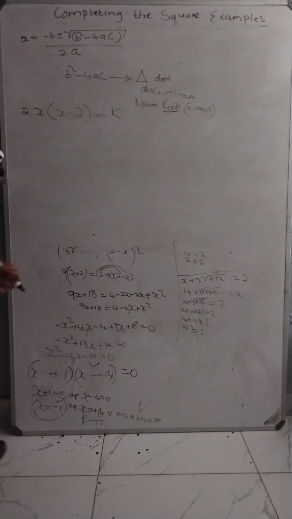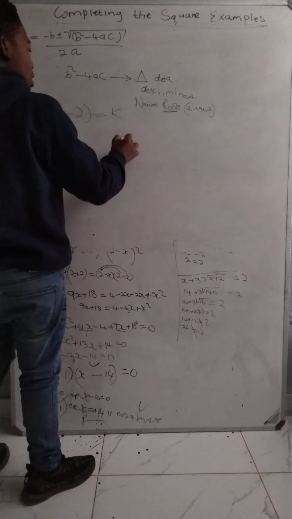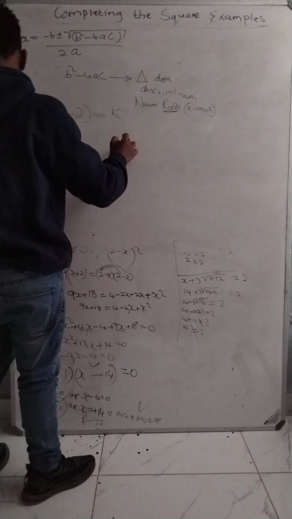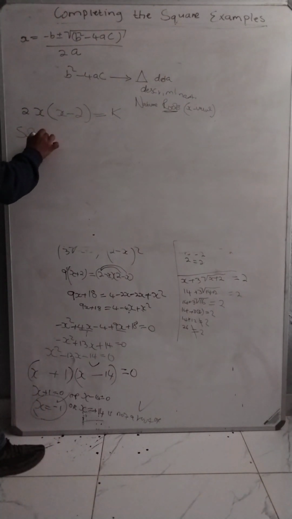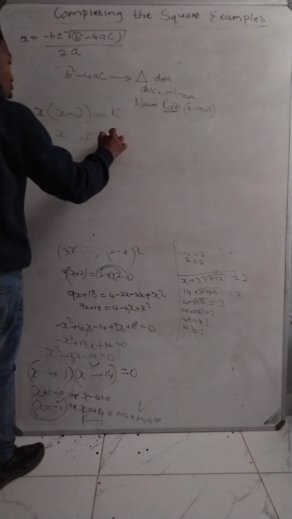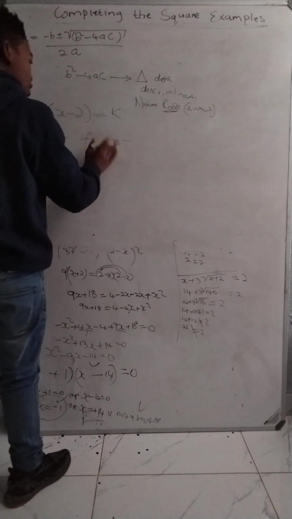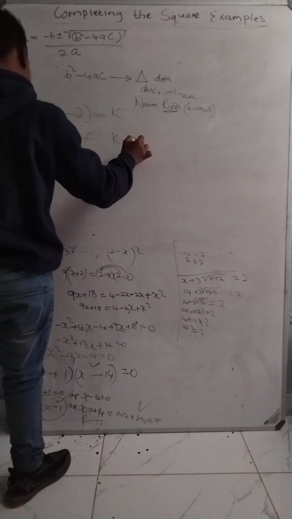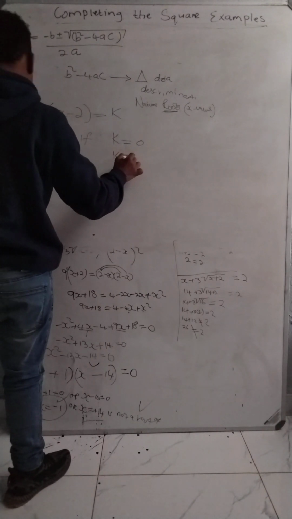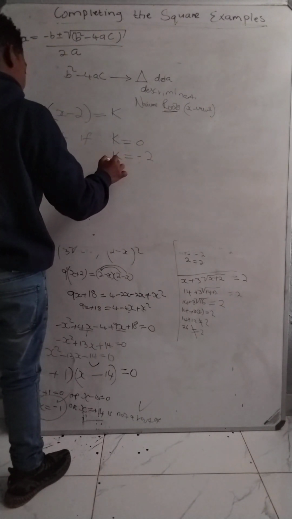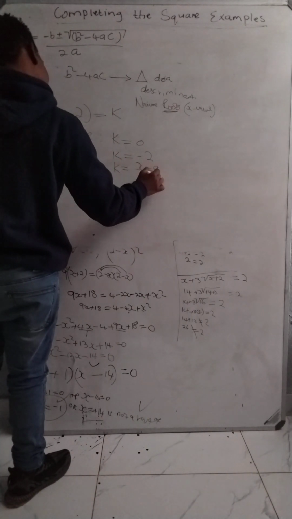And then they say solve for x if k is equal to 0, if k is equal to minus 2, if k is equal to x minus 9.